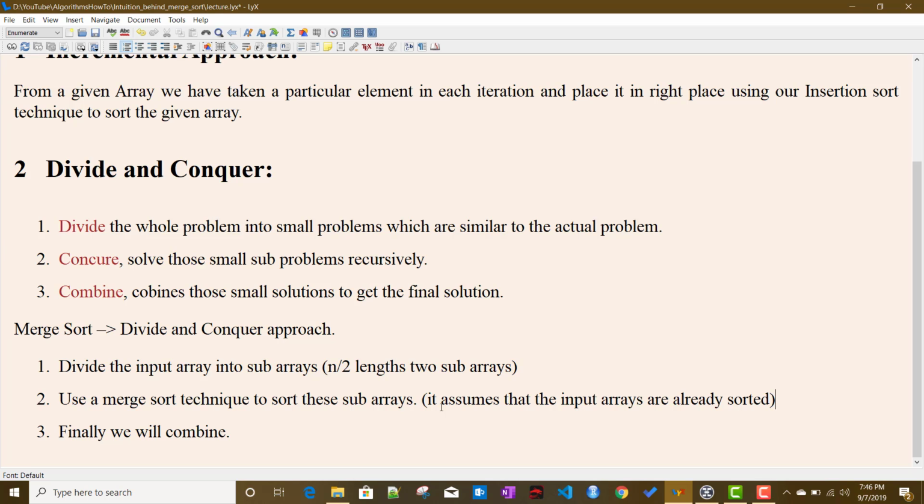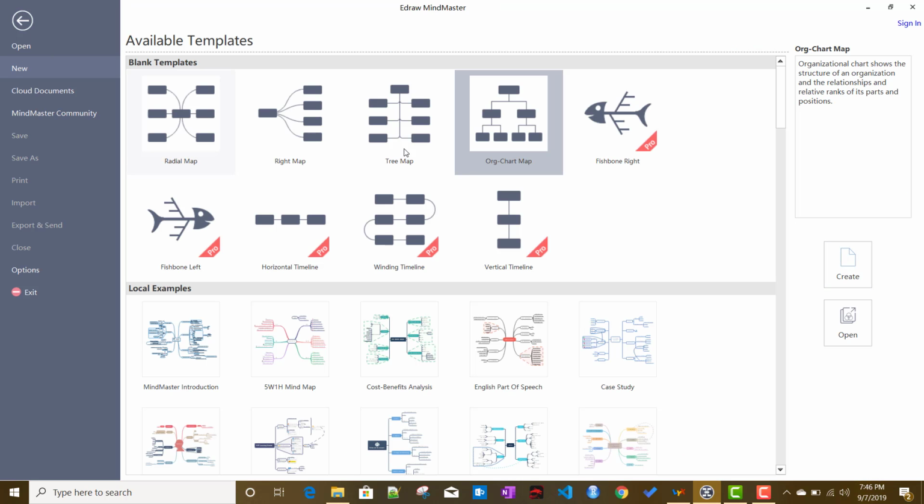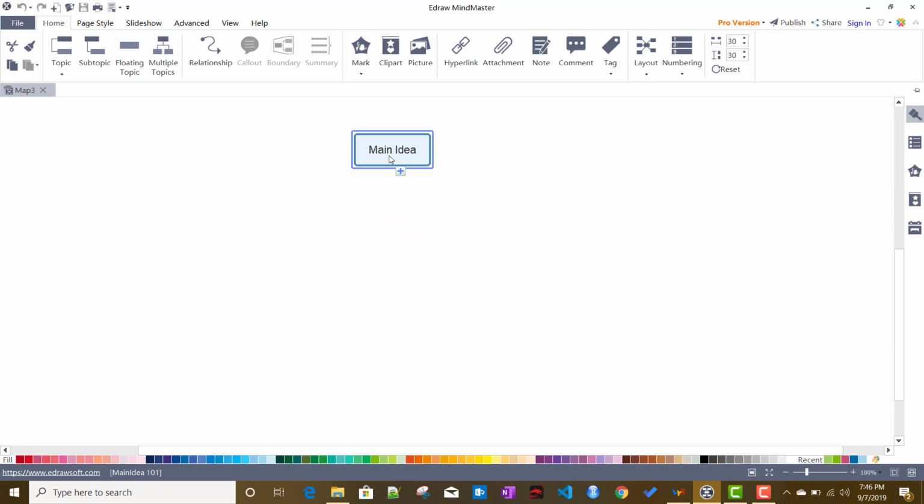Now we have to fulfill this requirement as well. For a given problem, how we will fulfill this requirement, we will see now. For that we will take an example and create a very simplistic hierarchical diagram and try to reason through it. Let's say we start with an array with these elements: 5, 2, 4, 7, 1, 3, 2, 6.